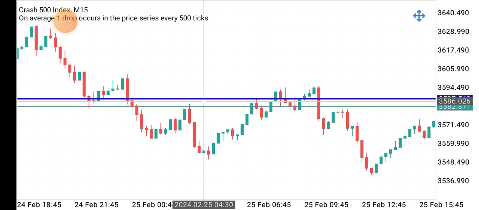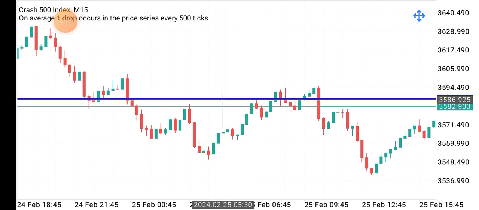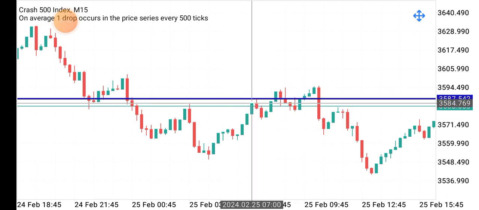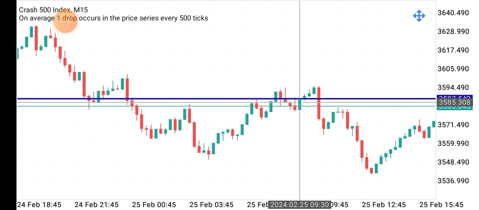And for the fact that this line is a strong level in the market, like I used to tell you, the low and the high of a candlestick on a higher time frame, like the daily time frame, is a strong resistance and support zone on a lower time frame. So for the fact that it is on this particular level, and we notice this kind of movement, it signals a possible change in direction.